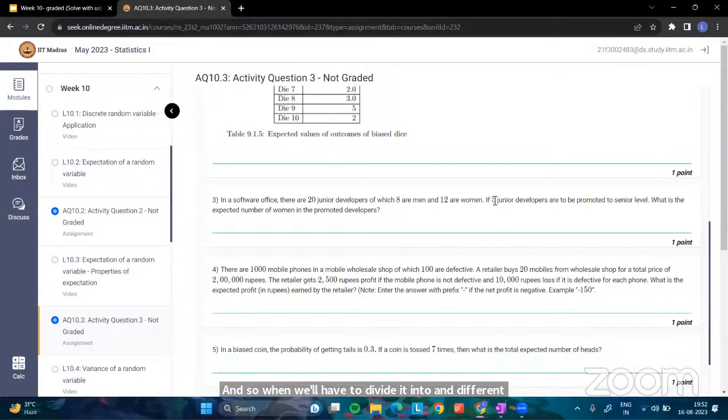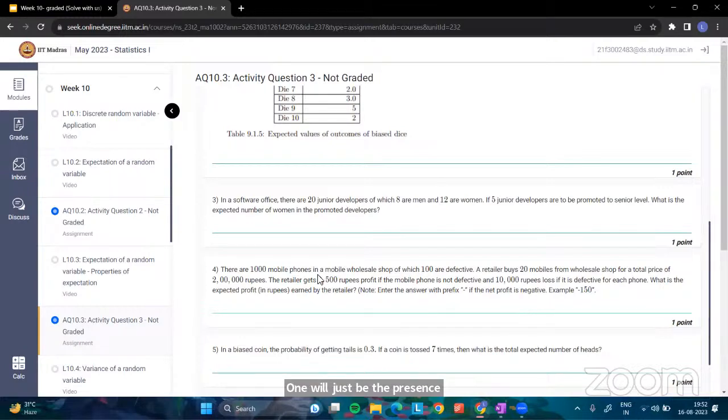Since we've only learned Bernoulli distribution, it'll most likely be a Bernoulli distribution, where there is either a success or a failure. In this case, we only had to count the number of women, so you can just take 0 and 1, because 1 will be the presence and 0 will be the absence.